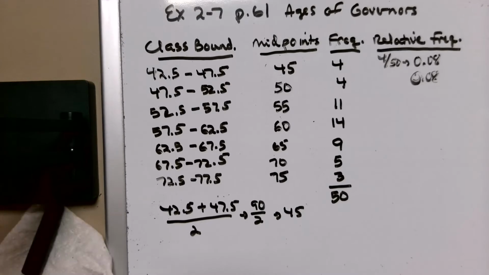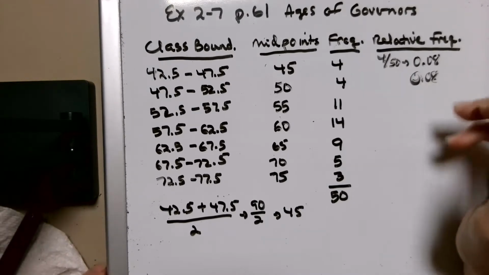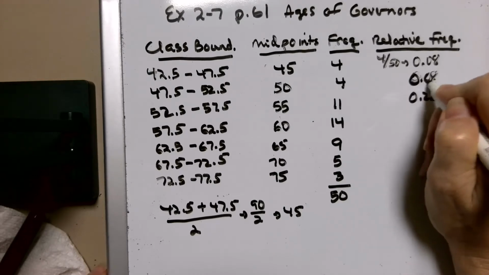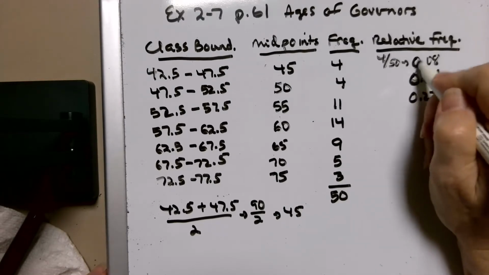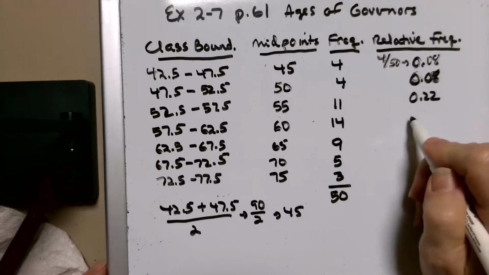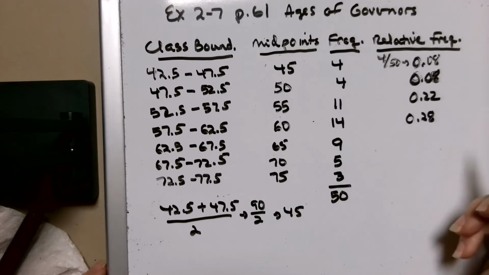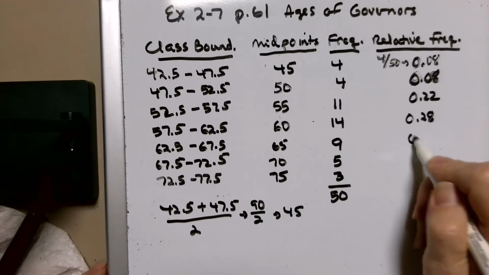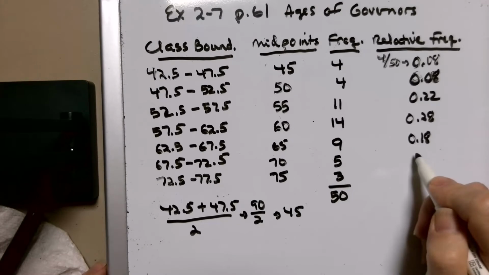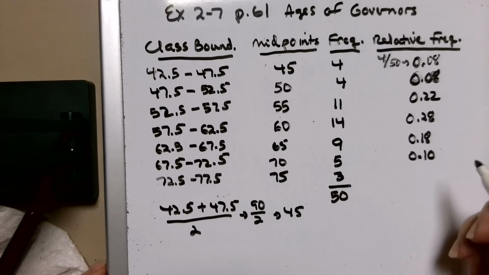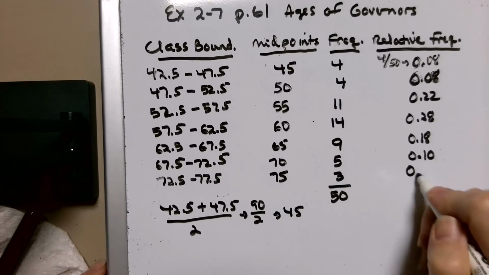If I do 11 divided by 50, that is going to give me 0.22 or 22% for the third class relative frequency. 14 divided by 50, that's going to give me 0.28. 9 divided by 50, 0.18. 5 divided by 50 is 0.1. If you want to stick with the same number of decimal places, you can put a 0 on the end. And 3 divided by 50 is going to give me 0.06.